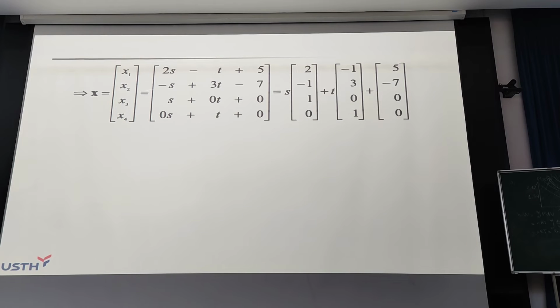Now you see that it equals S times that vector plus T times that vector plus Z1. And Z1 will be called the particular solution of the non-homogeneous system of linear equations.